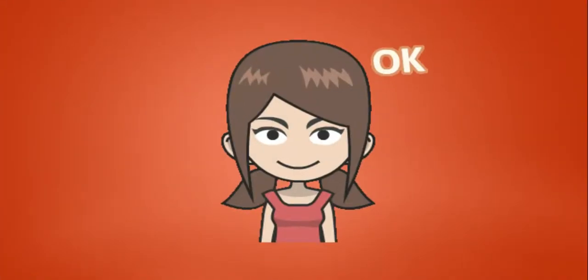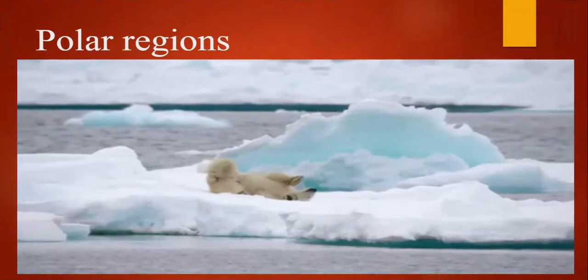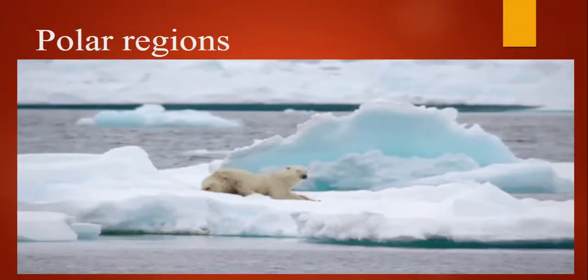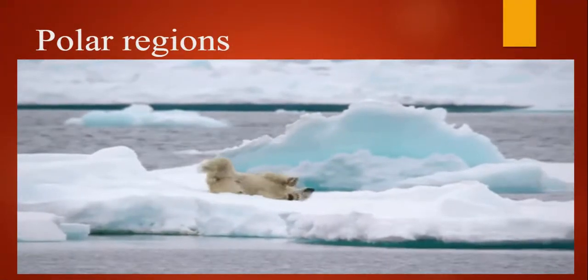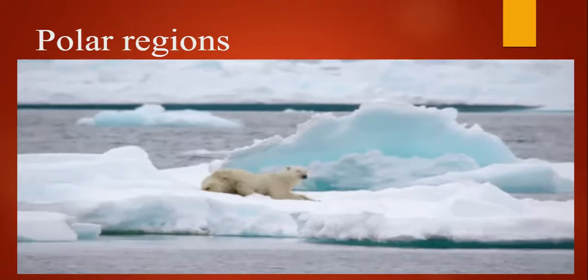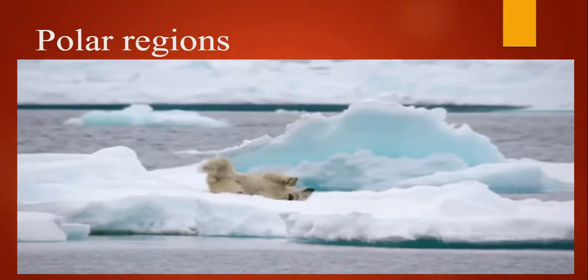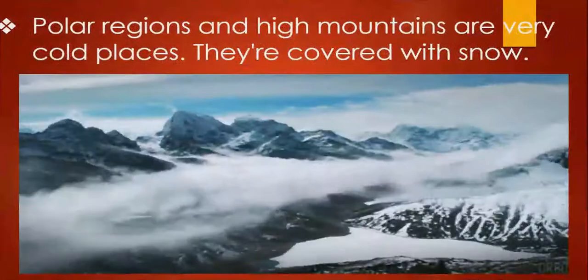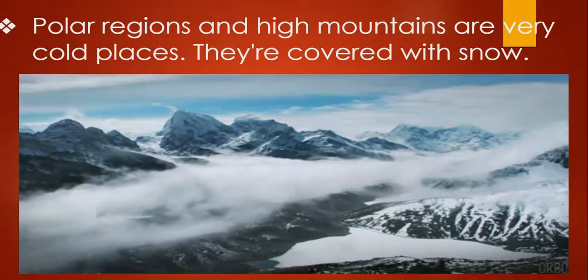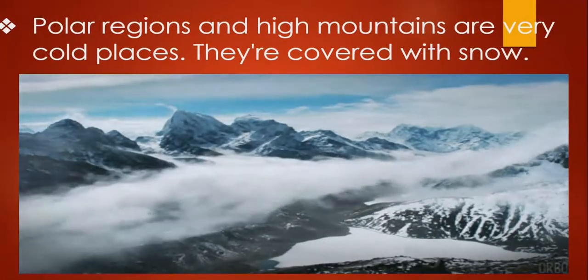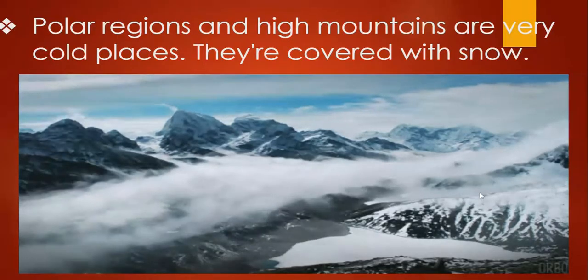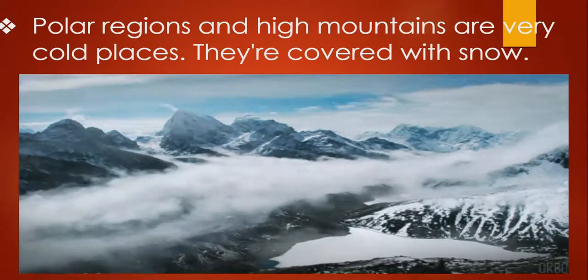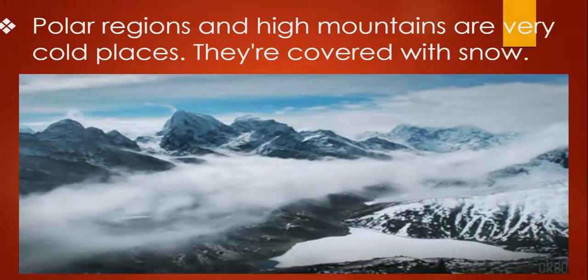Okay, now let's discuss the next habitat, which is polar regions and high mountains. Children, you know that polar regions and high mountains are very cold places. They are covered with snow.